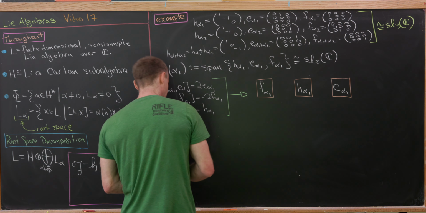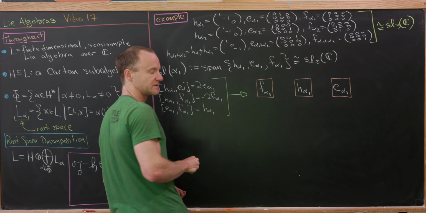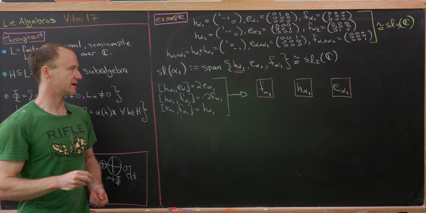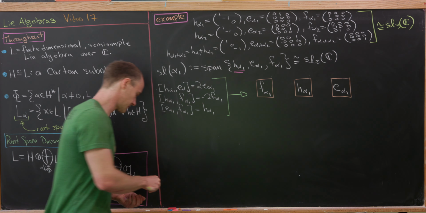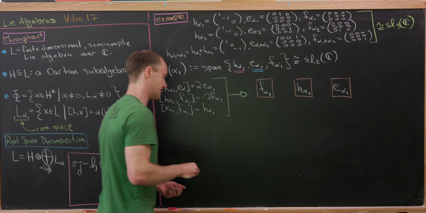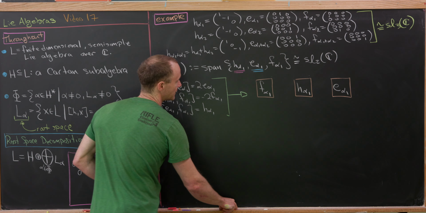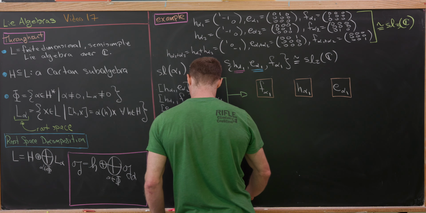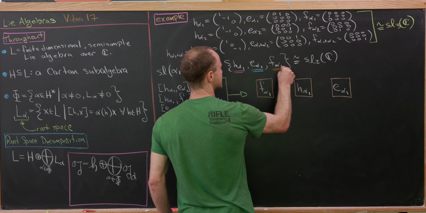Furthermore, I'm going to color code this. Let's say the action of H alpha 1 is given by this magenta color. Then the action of E alpha 1 is given by this blue color. And finally, the action of F alpha 1 will be given by, let's say, this orange color.